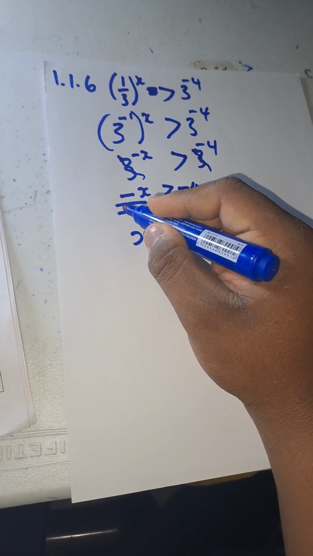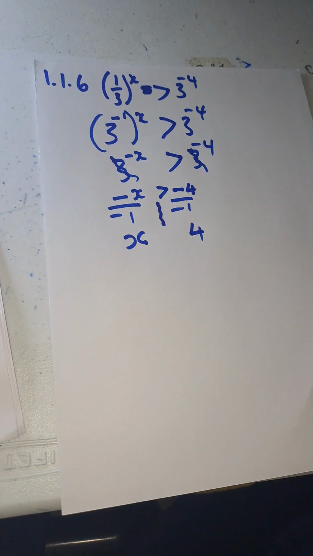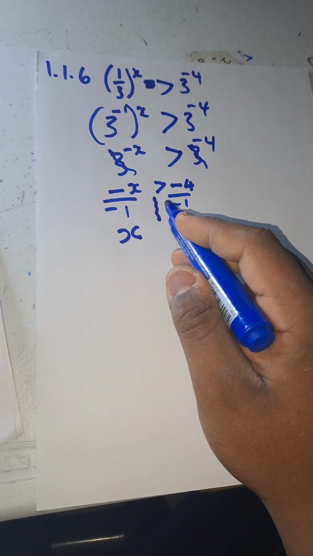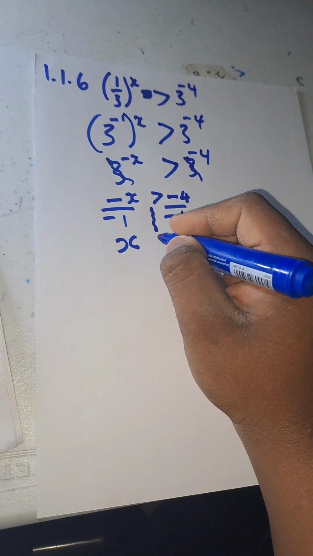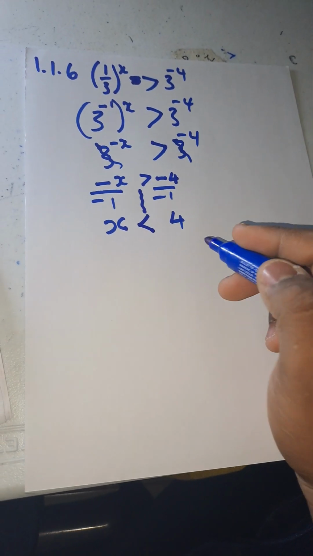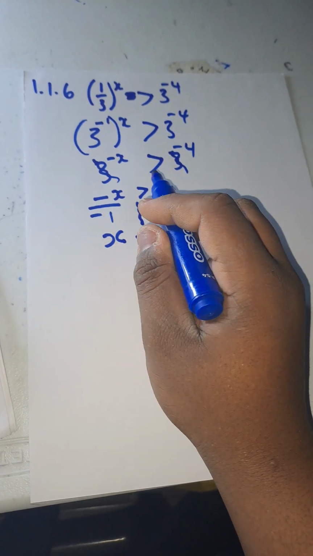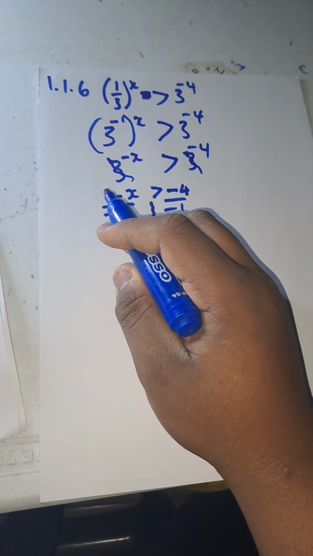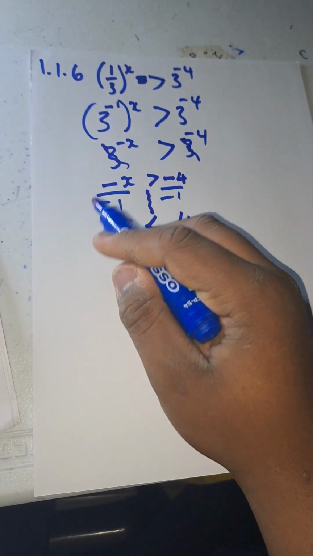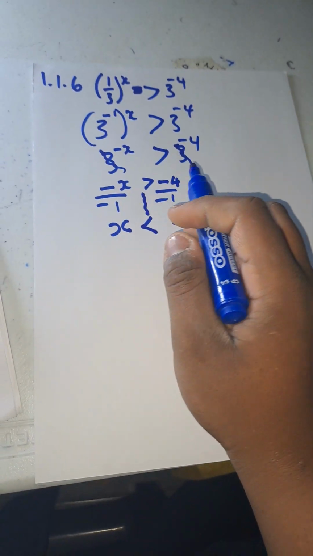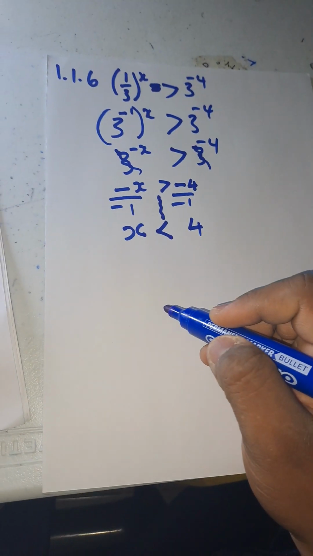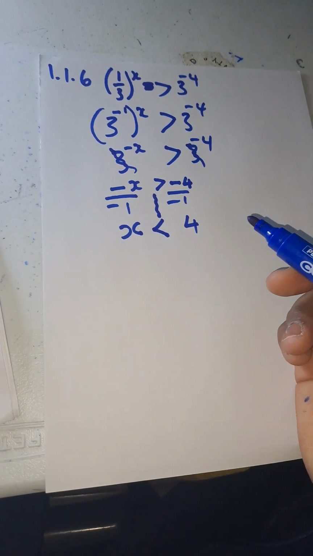When you divide by a negative value, the inequality sign changes. Now it will be less than. Negative x was greater than negative 4, but after dividing by a negative 1 to make everything positive, the inequality sign changes. You see? Then that's my answer.